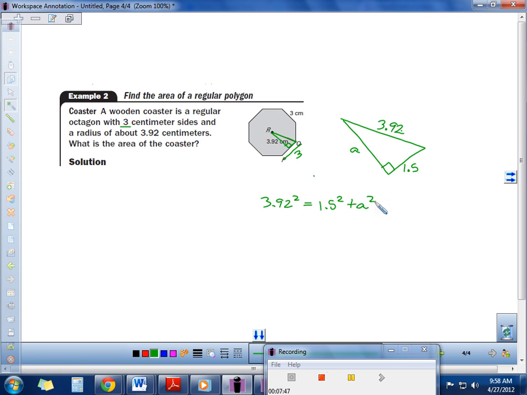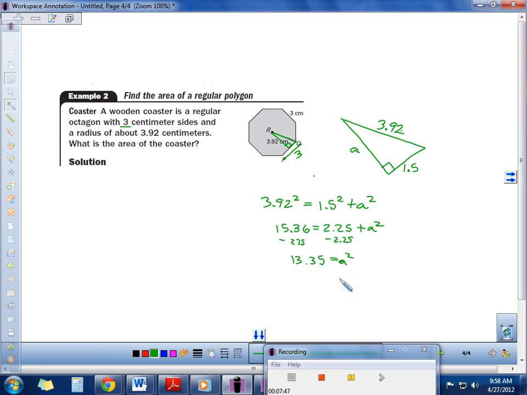Make sure you can keep up on this. 15.36 equals 2.25 plus a squared. We subtract the 2.25, and we get 13.35 equals a squared.